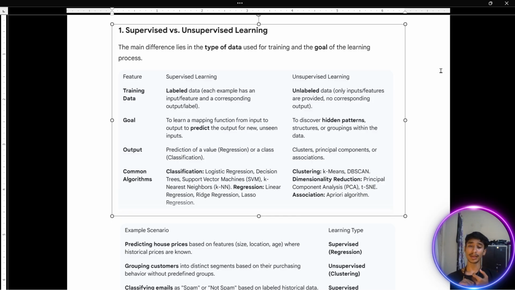For unsupervised learning, we have clustering, under which we have the methods k-means and DBSCAN. Under dimensionality reduction, we have principal component analysis, also known as PCA, and t-SNE. Under association, we have the Apriori algorithm.